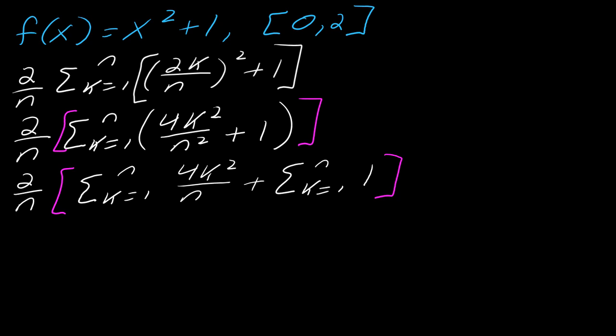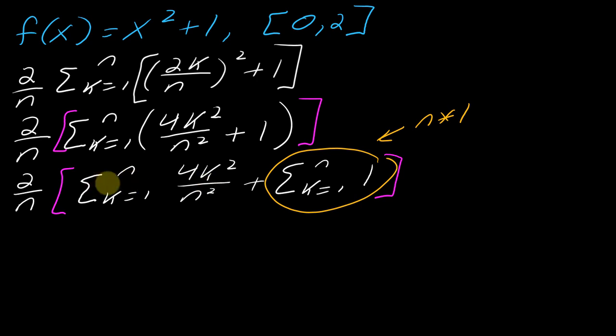So now, how far can I simplify these? Well, this I can simplify using the constant value rule. So this guy here just equals n times 1. So I'll note that. Now, oops, I lost my n squared here, didn't I? Okay, so now looking at this other piece here, remember, we're just trying to sum up the k squared. So this 4 over n squared, this part is just a constant.